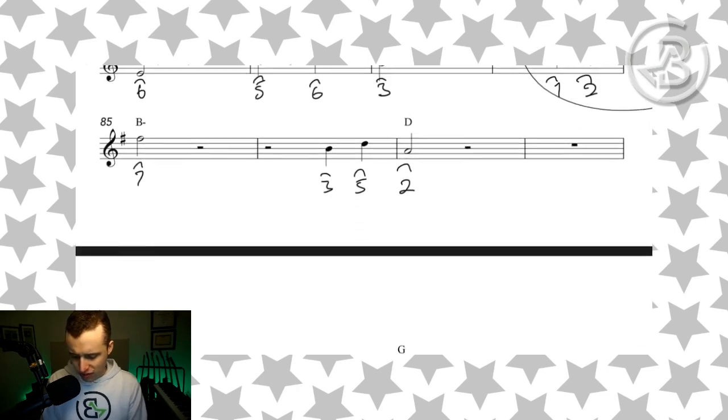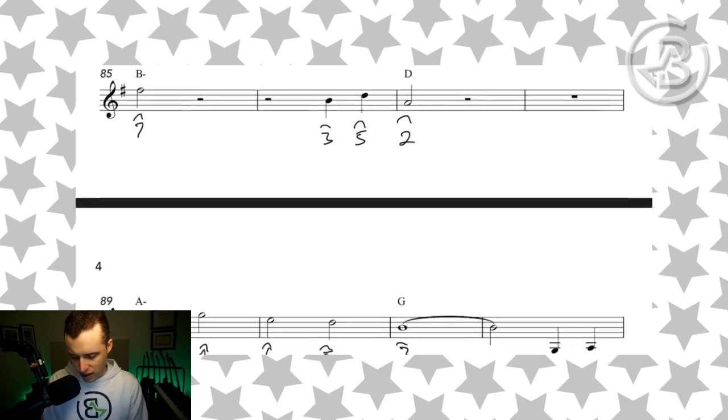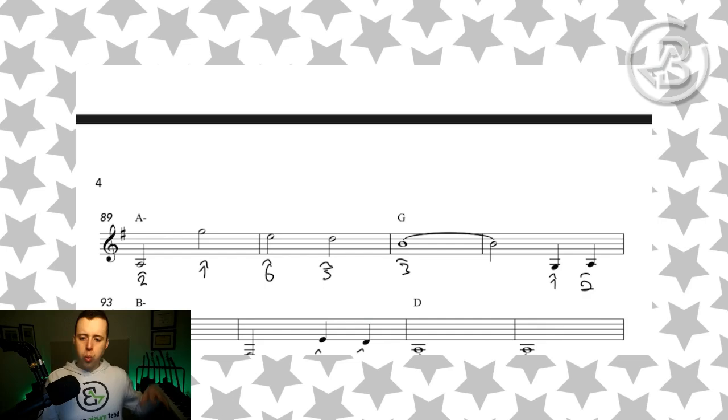F sharp 5 there in 85. So once C418 has brought the melody up into that higher octave register, the melody is playing with those notes as well as the lower notes that came before.